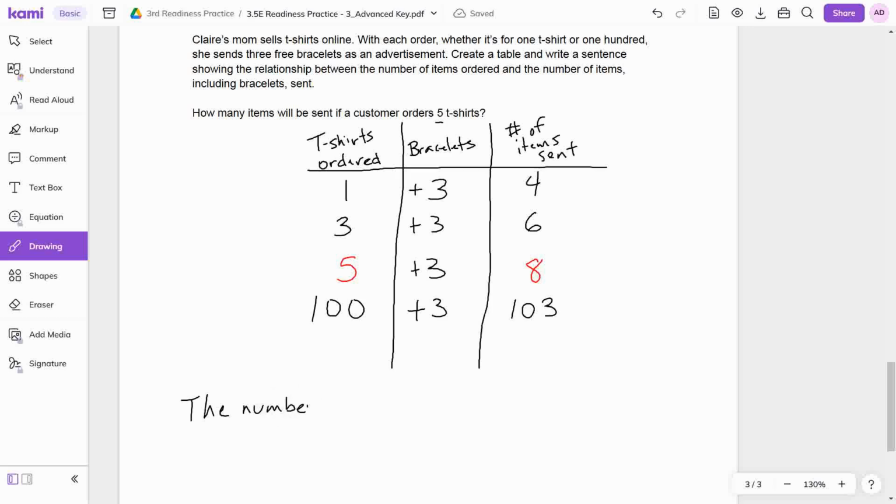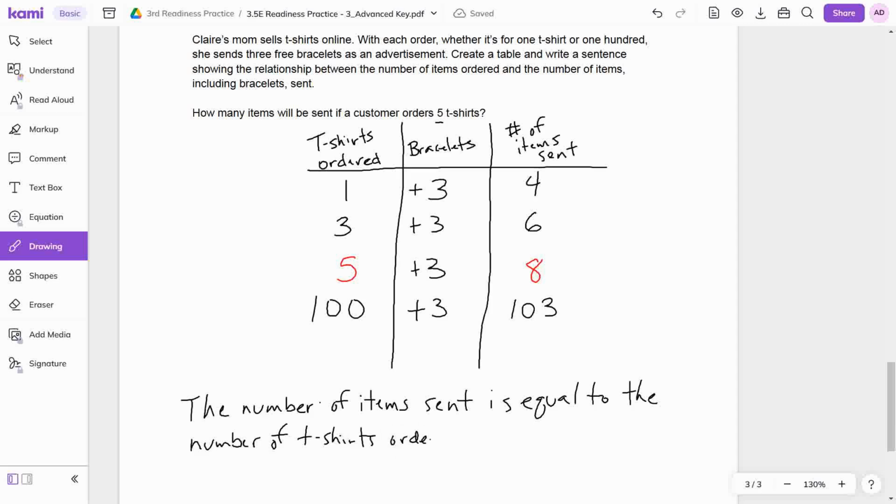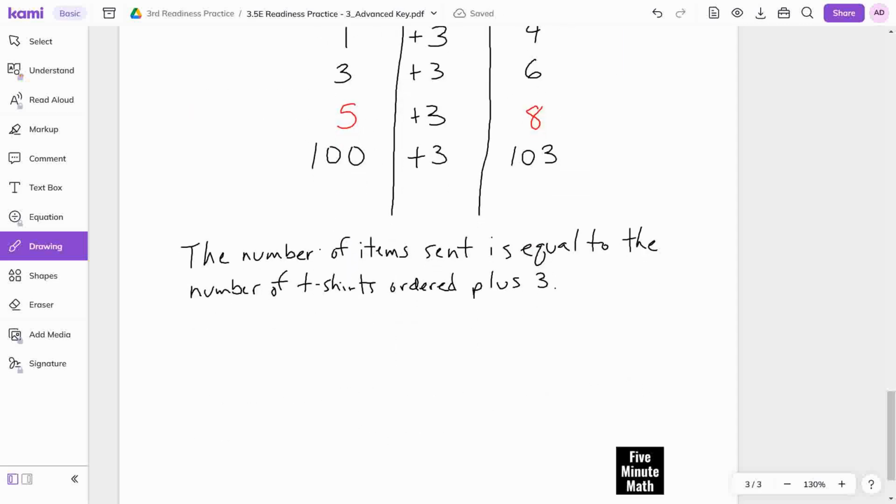The number of items sent, so I'm now describing it from my final column, is equal to, so how do we find the number of items sent? Well, it's the number of t-shirts ordered, and then what do we do with the number of t-shirts ordered? And then we'll just say +3, because we'll always add those 3 free bracelets.